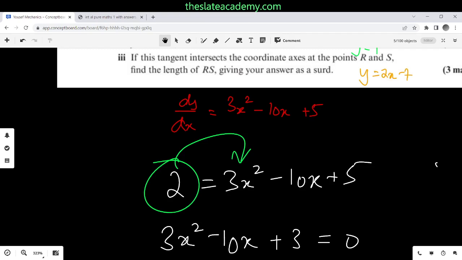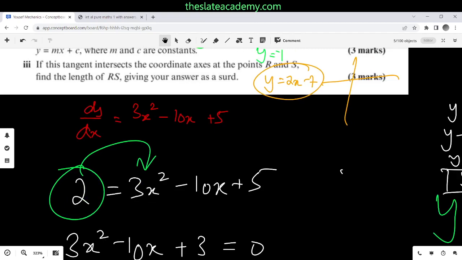Now this line is going to intersect the x-axis at some point and the y-axis at some point. The two points where it intersects the x and y axes, they have called R and S. Now it is asking us to find the length of this RS.